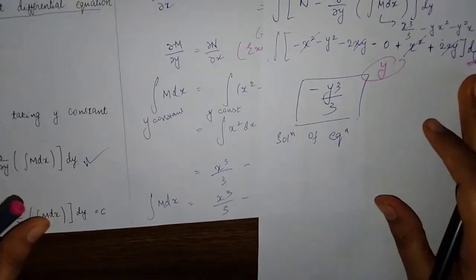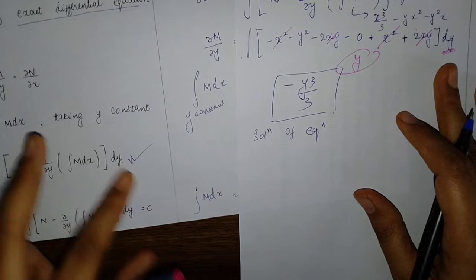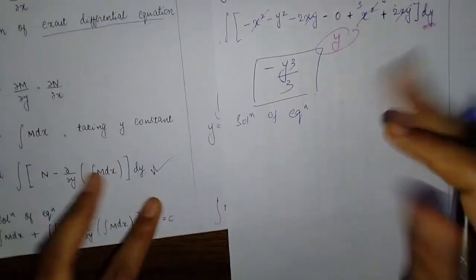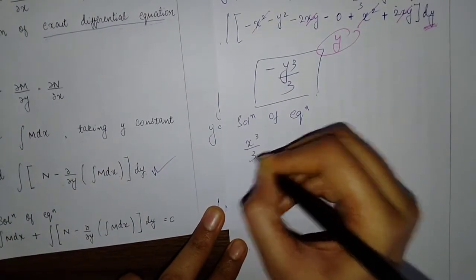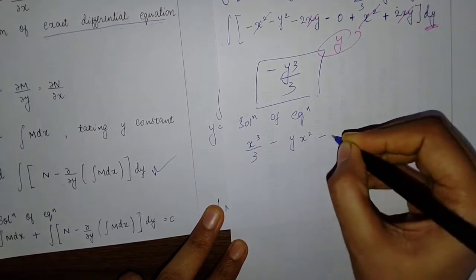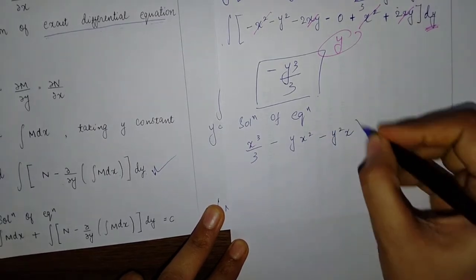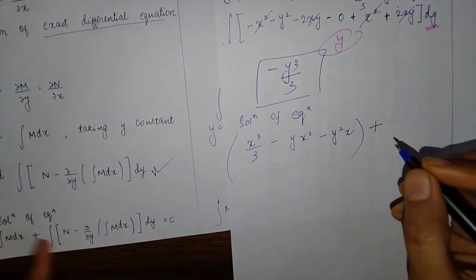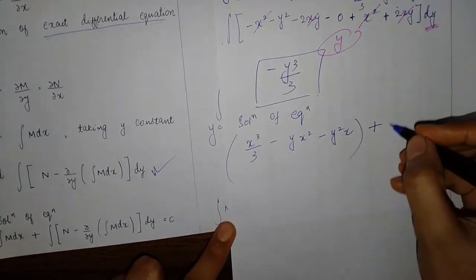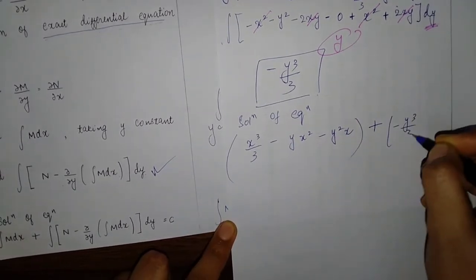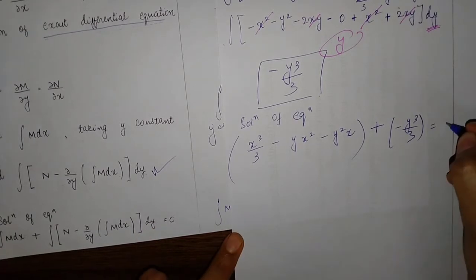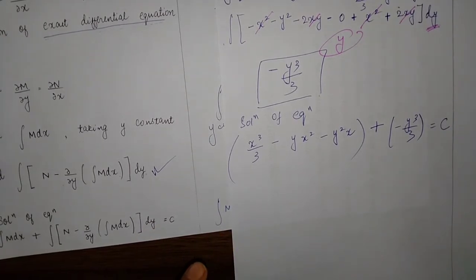So what we got, m dx, whatever value we got, we have to write here. So x cube by 3 minus yx square minus y square x plus the another term which we got, that is minus y cube by 3, and you have to put equal to c, that is any constant.